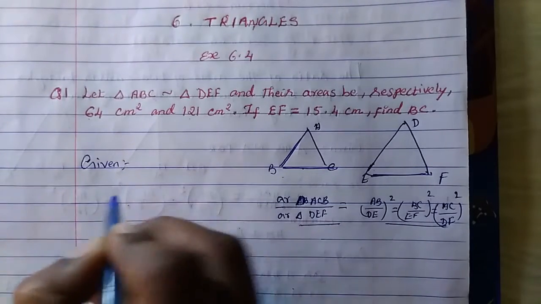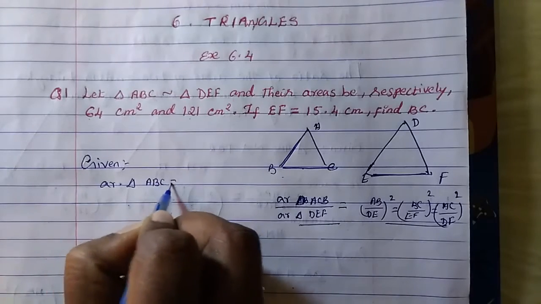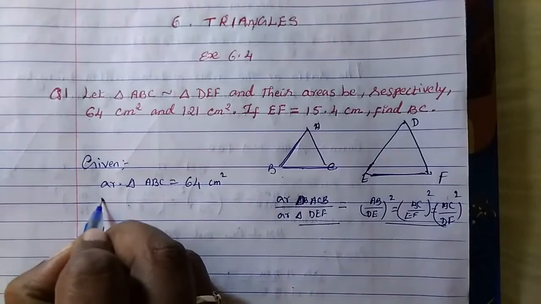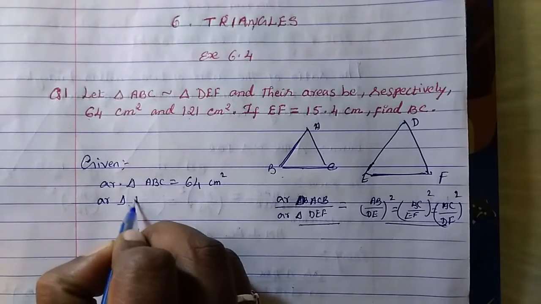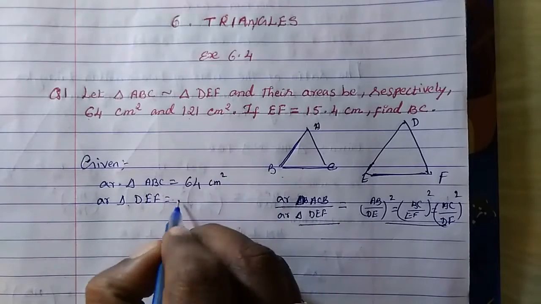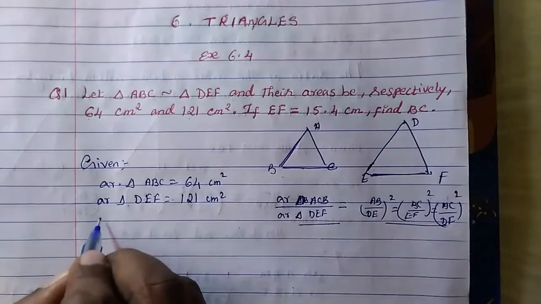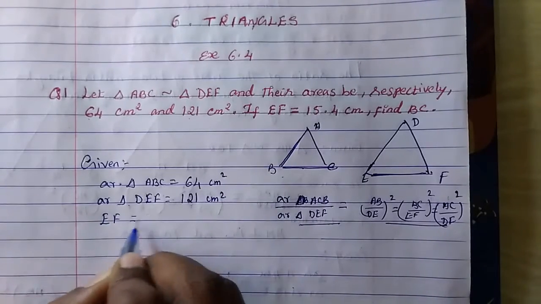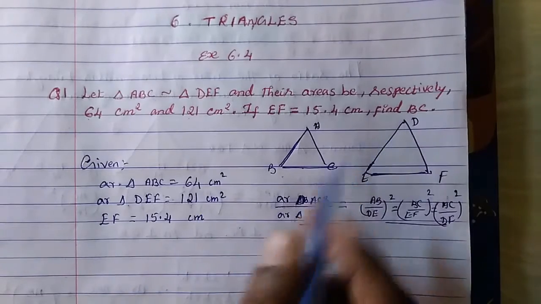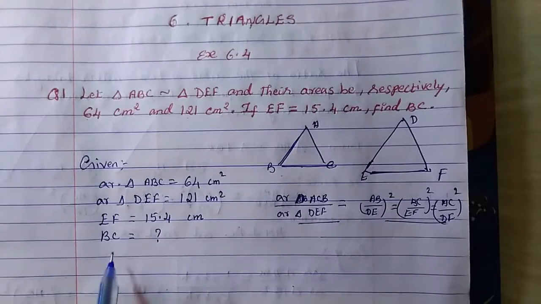Given: area of triangle ABC is 64 centimeter square, area of triangle DEF is 121 centimeter square, and EF is 15.4 centimeter. We have to find BC.